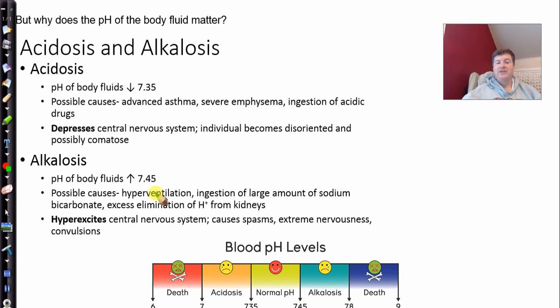Flip side, there are conditions like hyperventilation, ingesting large amounts of sodium bicarbonate. Some drugs will do this. If too much acid is eliminated from the blood by the kidneys, the pH will rise and it'll become alkaline. And this is alkalosis. A pH of 7.45 or above is considered alkalosis. This hyperexcites the central nervous system, which causes spasms, nervousness, and convulsions.